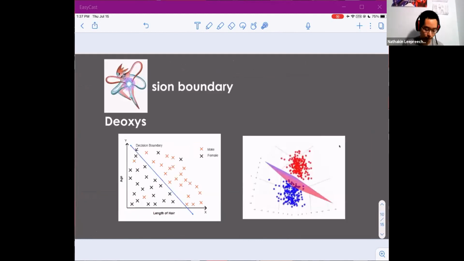The goal of classification is that we want to draw a decision boundary. So suppose we have the data looking something like this.